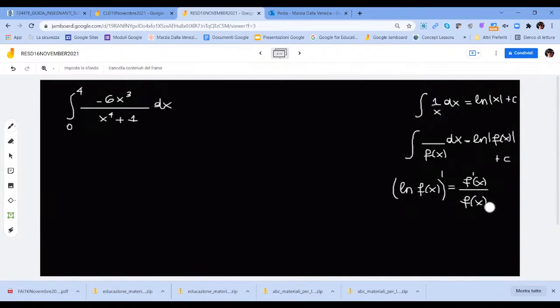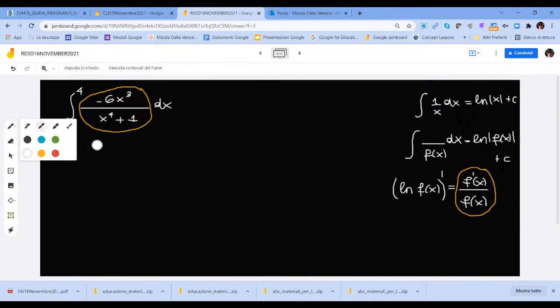So that means that you should find out if this is the case when this type of fraction appears. So you have to recognize this function somewhere.